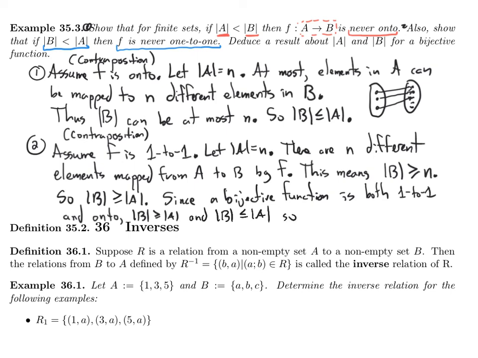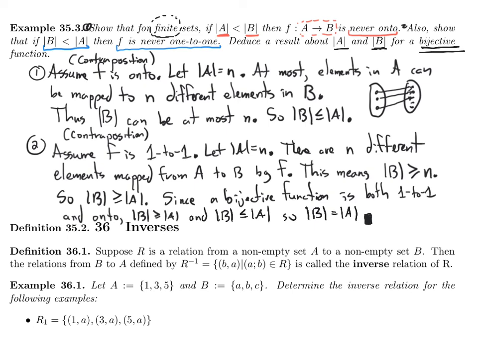So the only way that that's possible is if the sizes of both sets, the cardinalities, actually equal each other. So that's a nice key result. Bijective functions have the domain and the codomain having the same cardinality for finite sets. That's important.